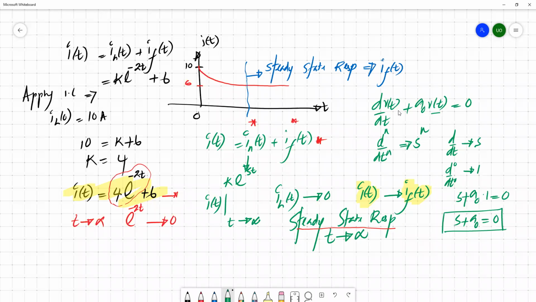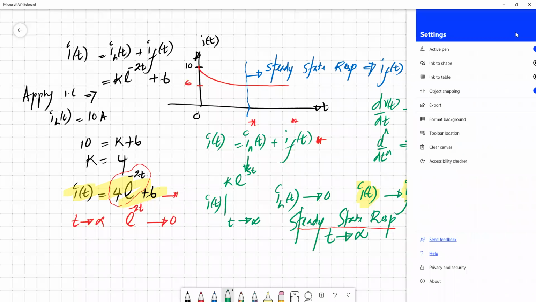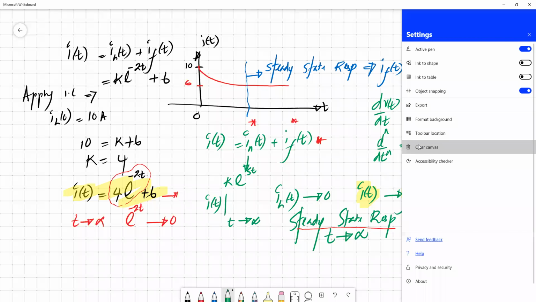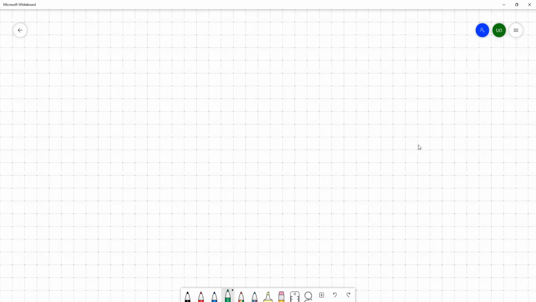For example, let's think about this scenario. You have d squared v(t) over dt squared plus 2 dv(t)/dt plus 3v(t) equals 0.